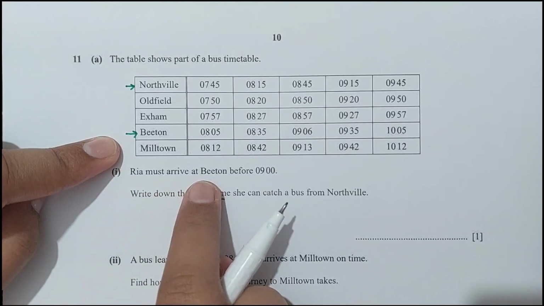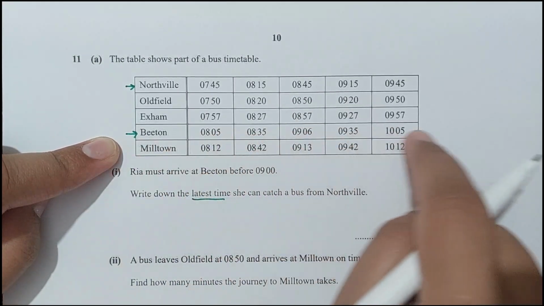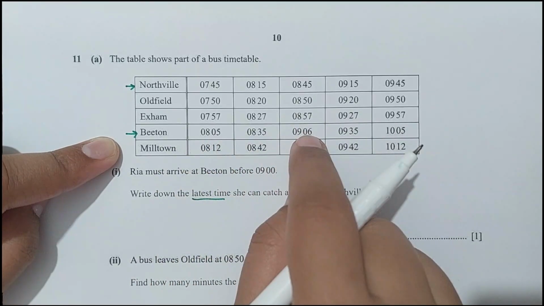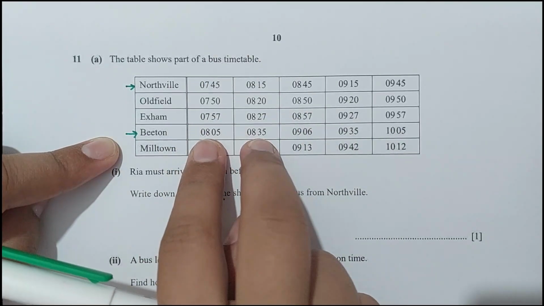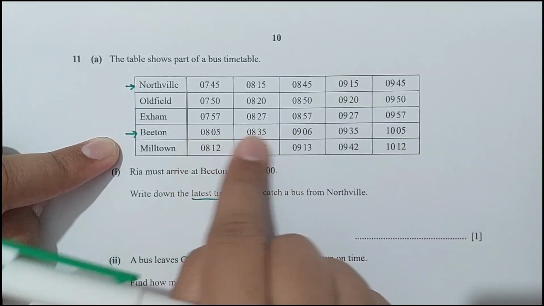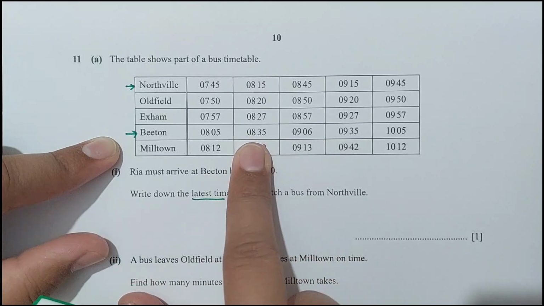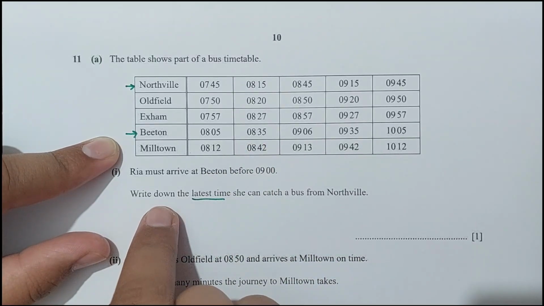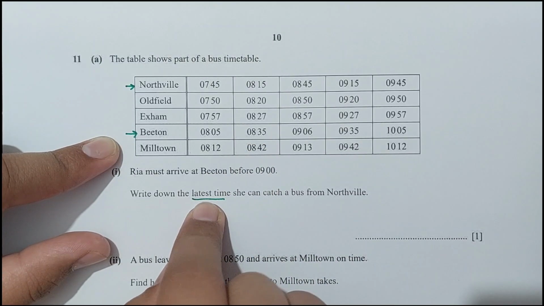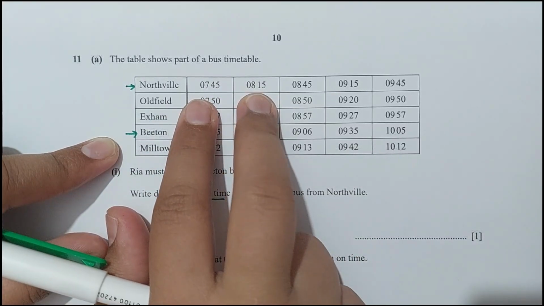Ria must arrive at B Town before 9. This is the B Town bus's time. So these are the two times which are before 9, and these are after 9. She must arrive at 8:05 or 8:35. So what is the latest time she can catch a bus from Northville?